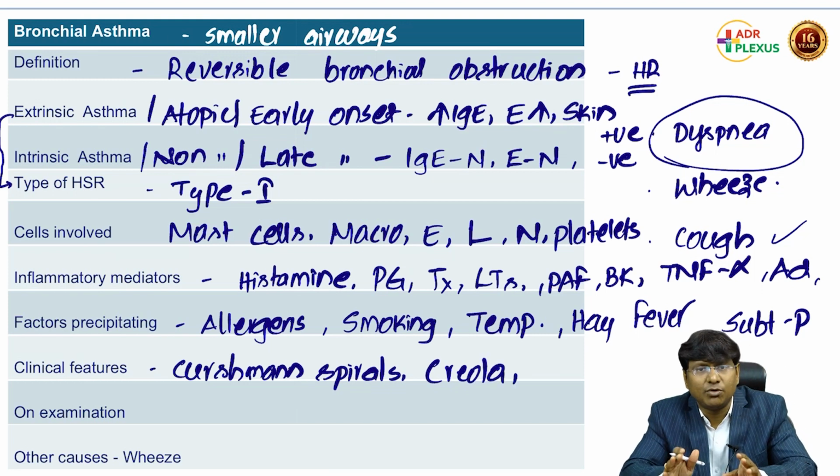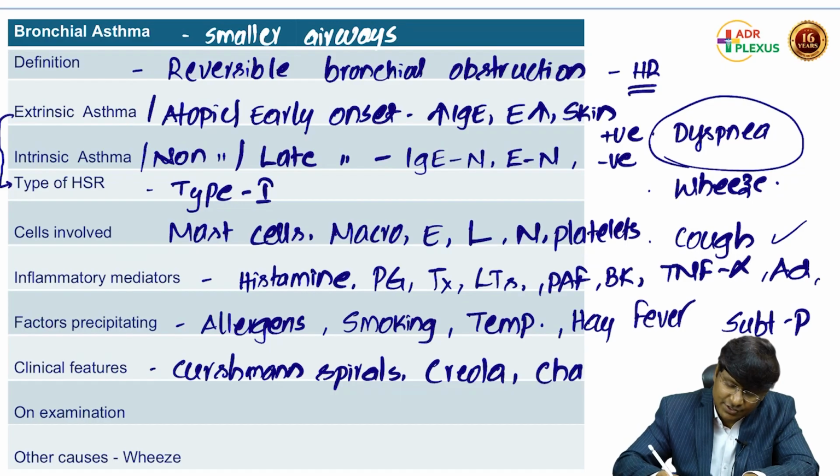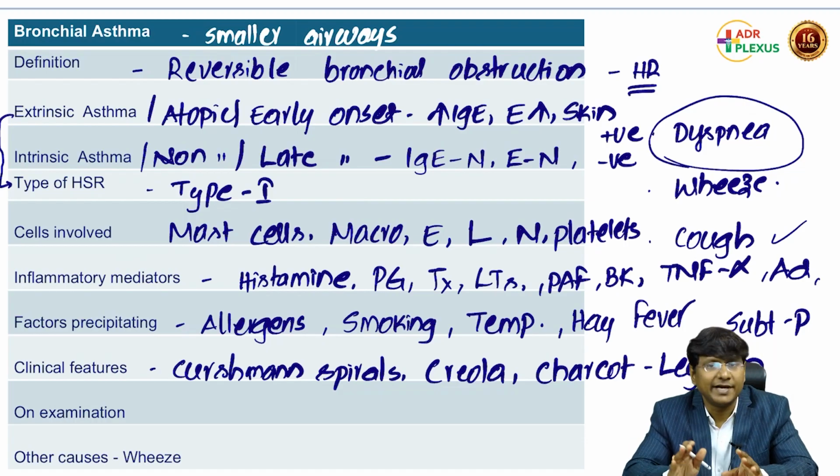Then Creola bodies. What are these Creola bodies? These Creola bodies are ciliated columnar cells, the ones which are sloughed from the bronchial mucosa. Then next is the presence of the Charcot-Leyden crystals.